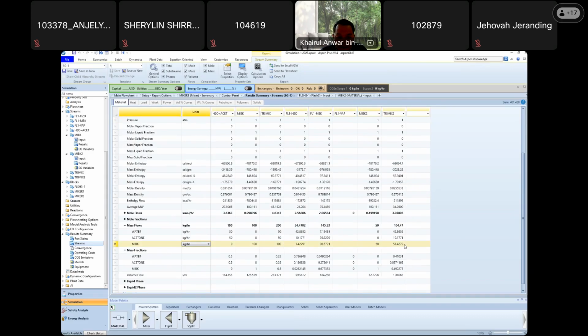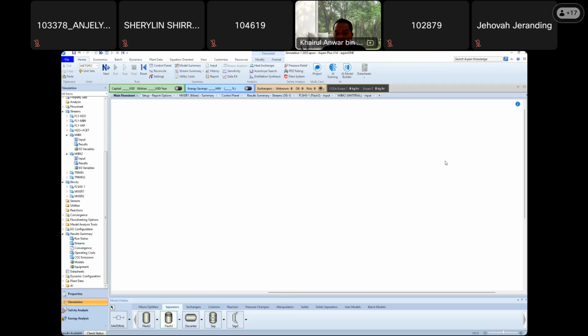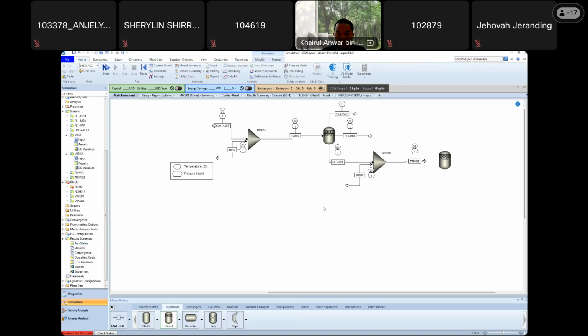If there's no error, then we will continue to add flash, flash 2. Connect. Don't forget to save.